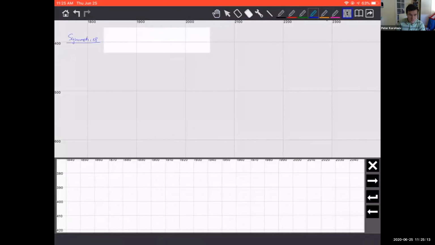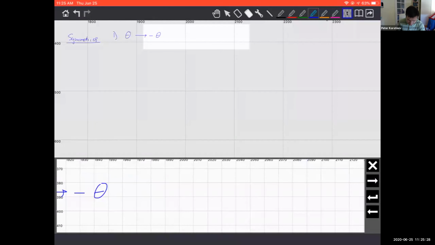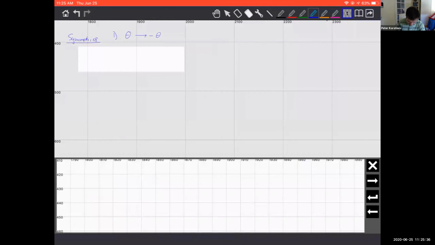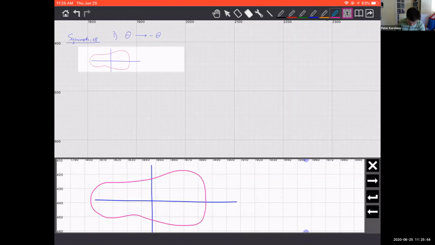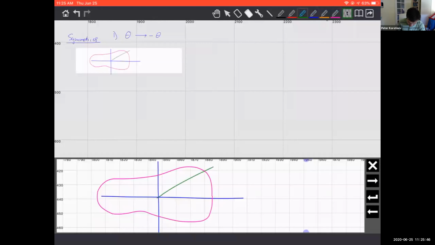And so first we have, I think one of you, I think it was Daniel or maybe somebody else, who mentioned the symmetry. The first type of symmetry is theta to minus theta. If this is the symmetry, then the plot should be symmetric relative to the polar axis. So you have a shape like this, and as we discussed earlier in the class, if this is theta, this is minus theta.